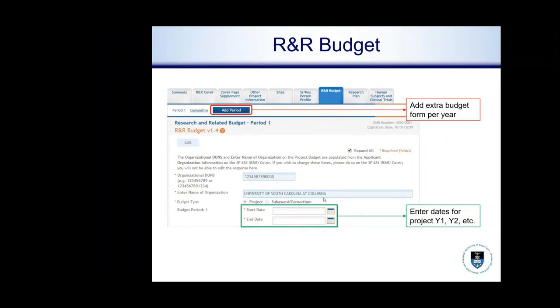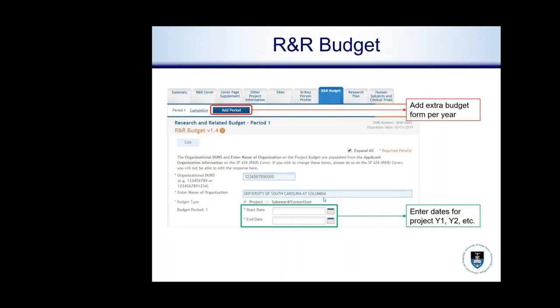So when you list all your key personnel or other personnel, that will be copied over under the assumption that those people will be involved in the project each and every year. So if you add each period beforehand without completing that detail, it just really increases the amount of time you have to spend in re-entering all that information. So be sure to first complete period 1, and once that's completed, save that period, and then add period 2.